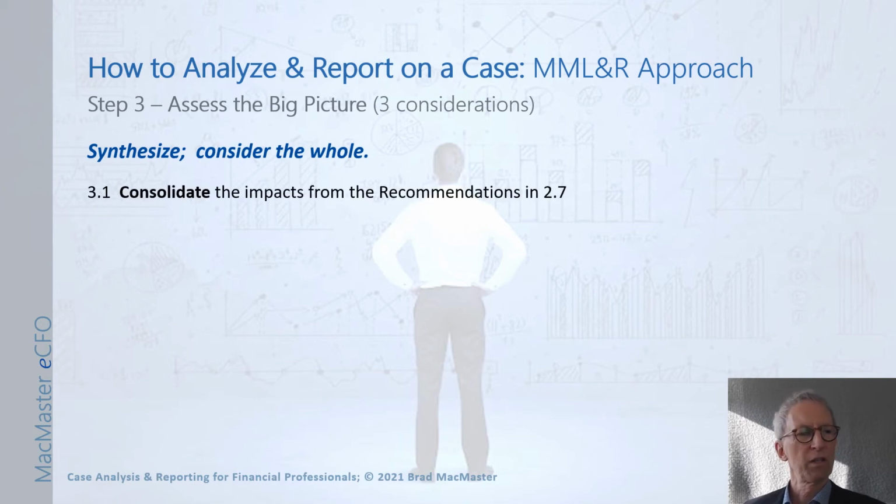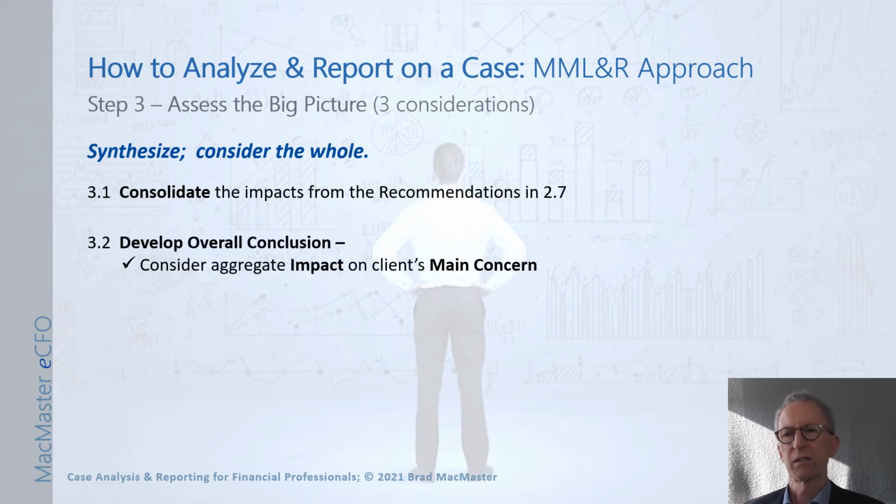So the way to do this is firstly to consolidate the impacts of your recommendations from step 2.7 and to consider their collective effect on some overarching objective of the key users, that is, their main concern. This is usually accomplished with the help of a fresh exhibit in which you bring the impacts of all individual issues together. Next, develop a final or overall conclusion.